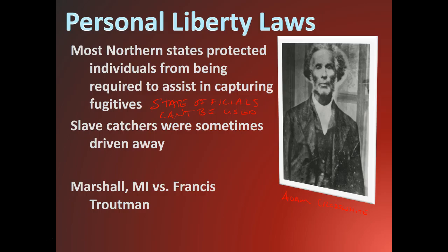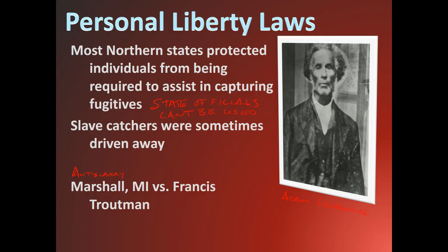And the idea that we get from the documents is that the man who was responsible for his escape, a member of the Underground Railroad, resided there and led him there because Marshall was an anti-slavery community. And Marshall, Michigan, is where Adam Crosswhite and his family reside.